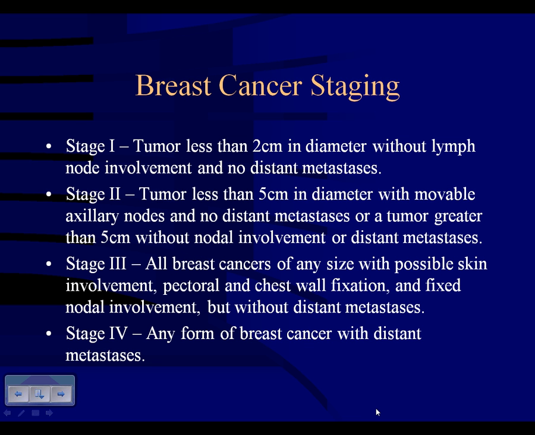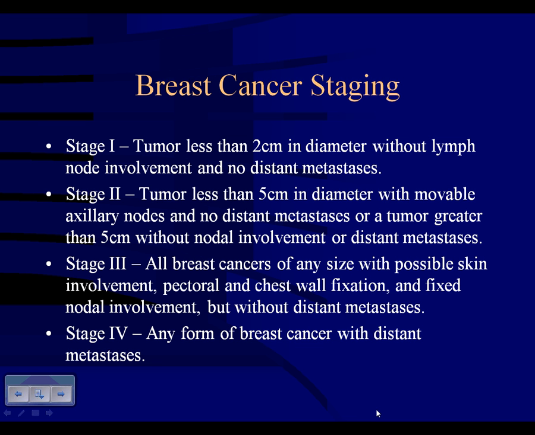Sorry. All right. Breast cancer staging. Again, 4 stages. Stage 1 is defined by tumors that are less than 2 centimeters in diameter with no axillary node involvement and no distant mets. So stage 1 is the best. Stage 2 are tumors that are less than 5 centimeters, so they're a little bit larger, and may have axillary node involvement, but no distant mets.